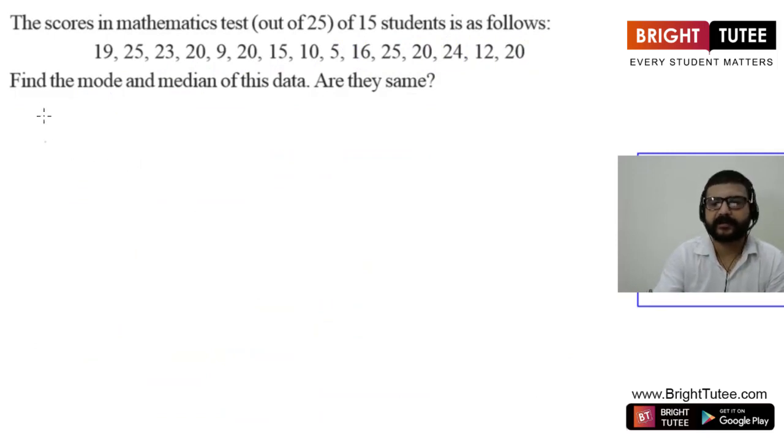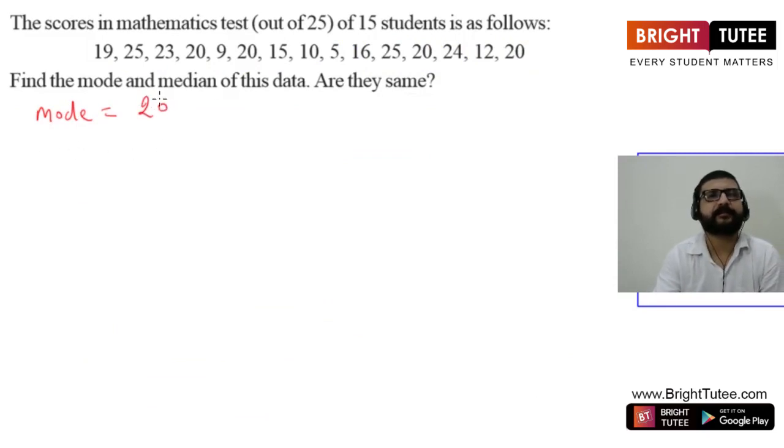Now we have seen here that the mode of the data was 20. Now let's try to find the median of this data. As we know, median is the middle value of the data when it is arranged in ascending or descending order. So let's arrange the given data in ascending order.